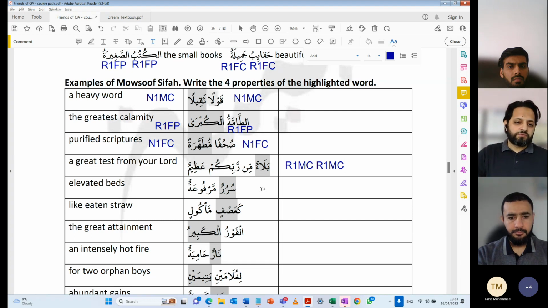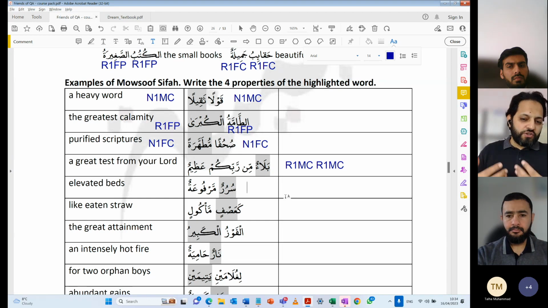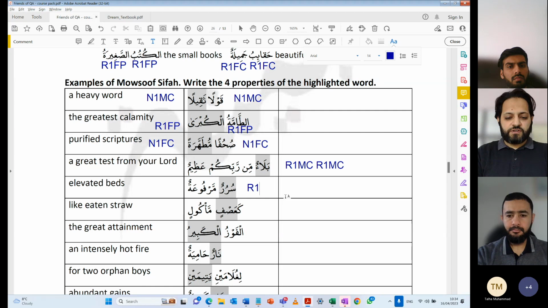Sururun marfu'atun. Sururun is beds. This is an ayah from one of the surahs where Allah is describing the Jannah. Sururun marfu'atun: you'll have beds which are elevated. So sururun, because it's a non-human broken plural, is Rafa, singular, feminine, common.